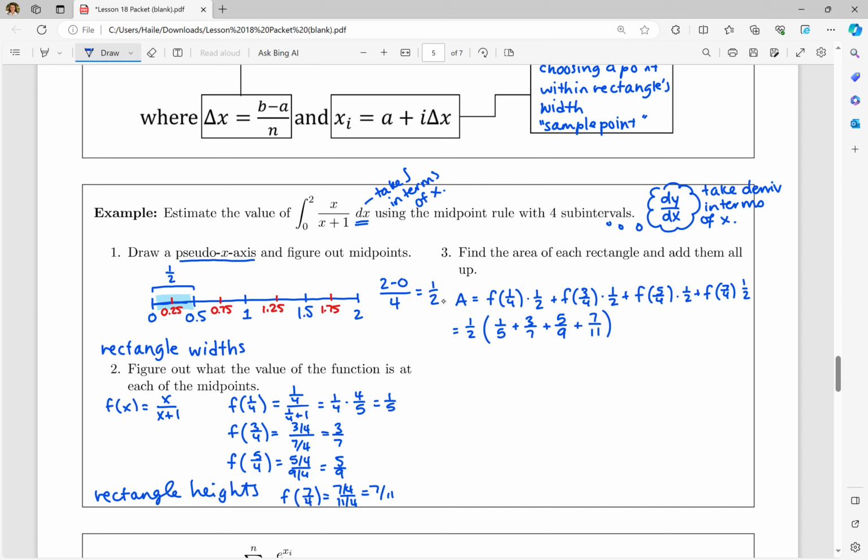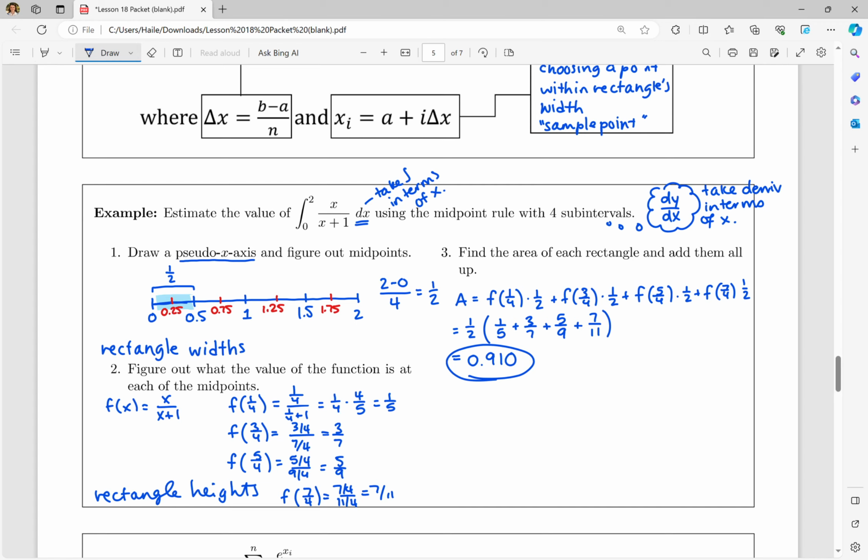Our area is approximately 0.910. If I were to solve that integral exactly, and we'll learn how to do that in the next few units, I should get something close to 0.910 when I'm done.